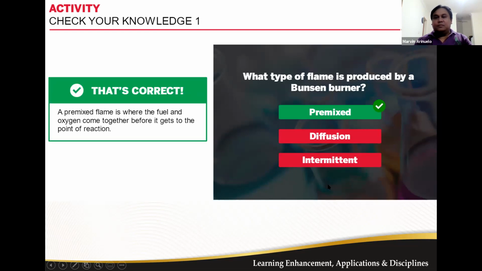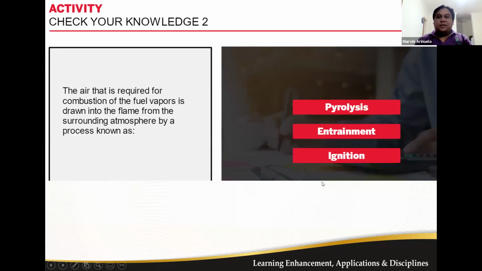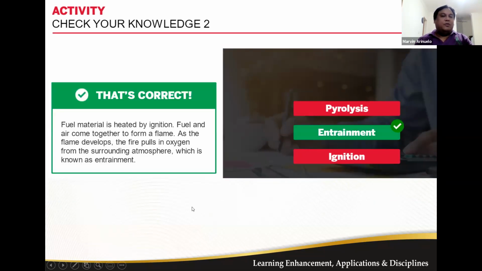Okay, Mr. Conrad. That is entrainment. Fuel material is heated by ignition. Fuel and air come together to form a flame. As the flame develops, the fire pulls in the oxygen from the surrounding atmosphere, which is known as entrainment. Okay, very good.